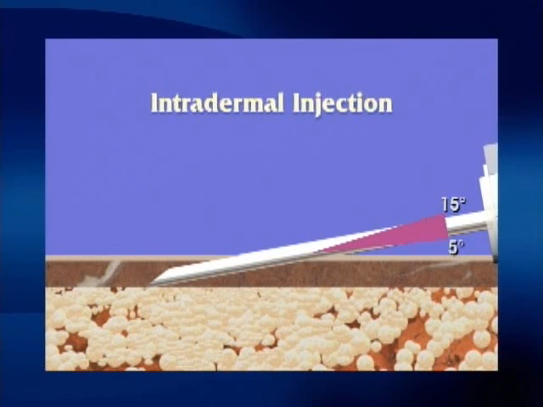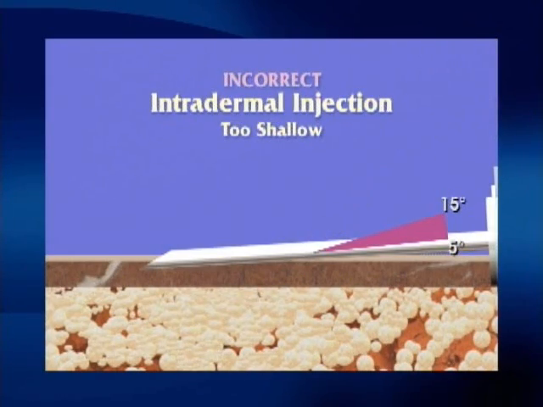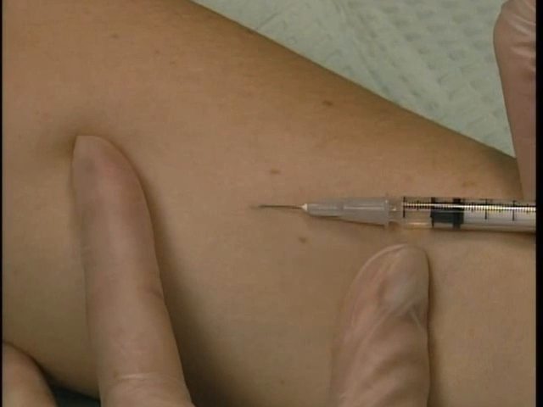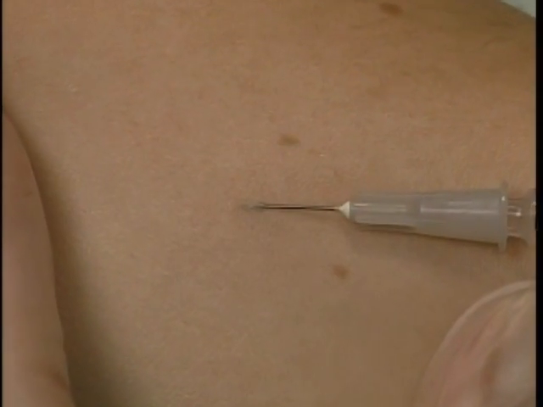For an intradermal injection, the needle bevel is advanced through the epidermis, the superficial layer of skin, approximately 3 millimeters so that the entire bevel is covered and lies just under the skin. The injection will produce inadequate results if the needle angle is too deep or too shallow.